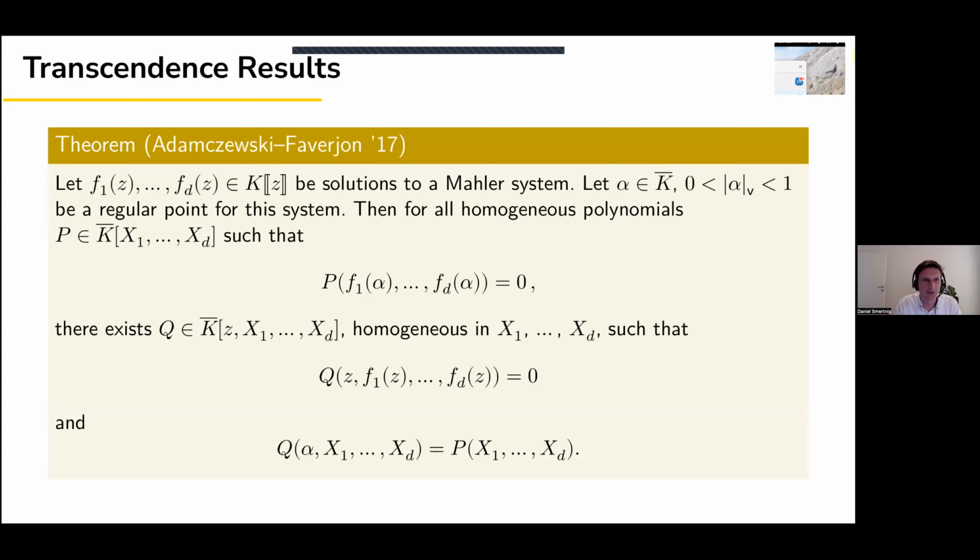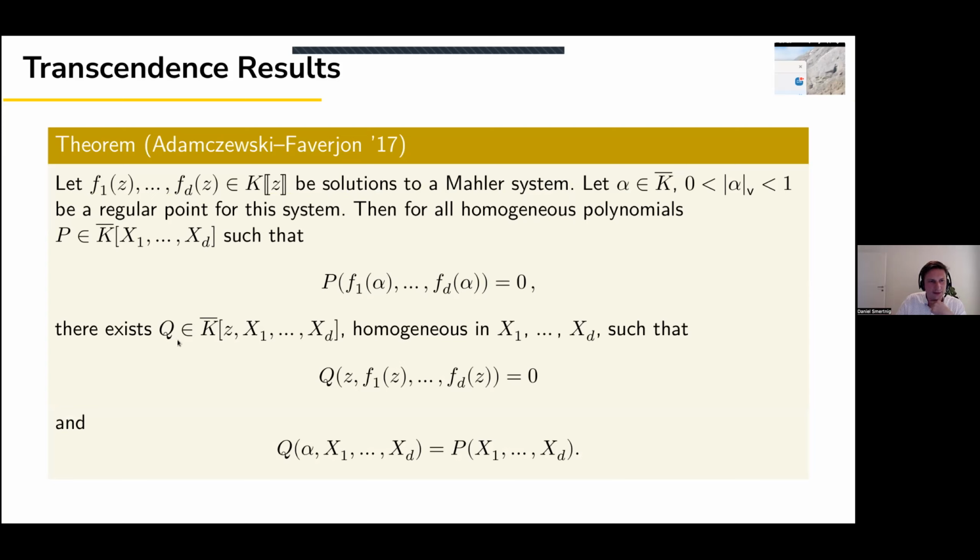This is this result of Nishioka, and then there's a more explicit lifting result of Adamczewski and Faverjon. So we have a similar setting. We have F1 through Fd solutions of a Mahler system, and we have a non-zero point alpha in the unit circle for some absolute value that is regular. And then they show that if we have a homogeneous polynomial that is satisfied by F1(alpha) through Fd(alpha), we can actually lift this particular polynomial to a relation on the power series.